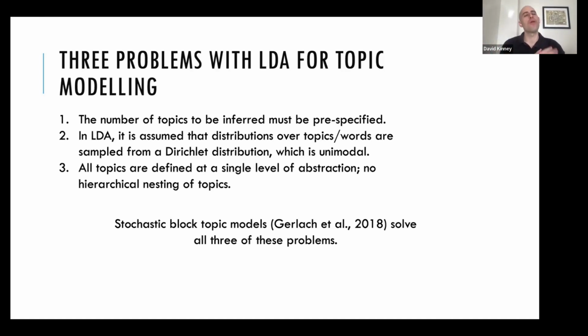Secondly, it's going to be more non-parametric. It's going to allow for bimodal and multimodal distributions. And then finally, it's going to give us automatically, without having to hard-code it in or anything like that, this hierarchical nesting of different topics. So those are the three things that we're going to get out of using stochastic block topic models.